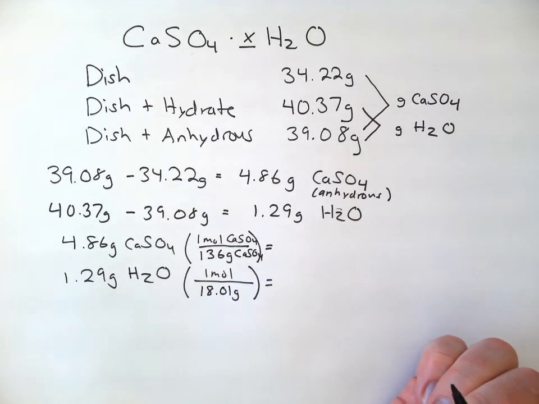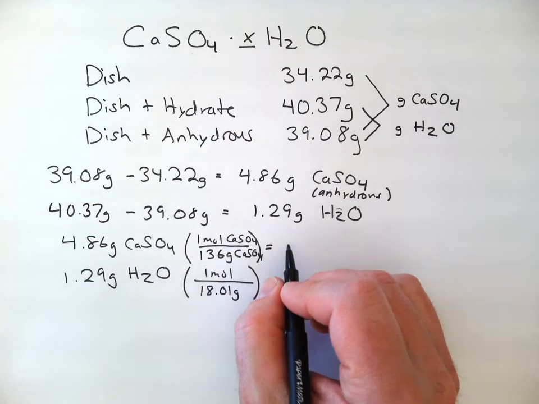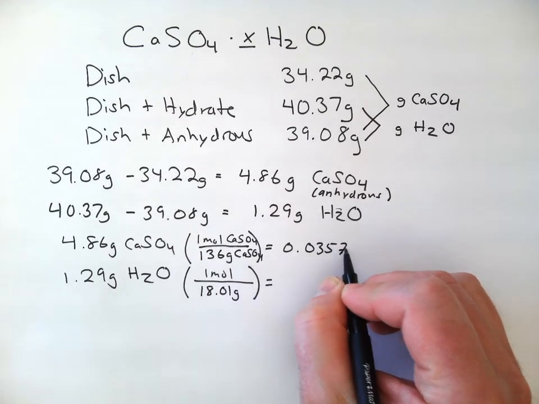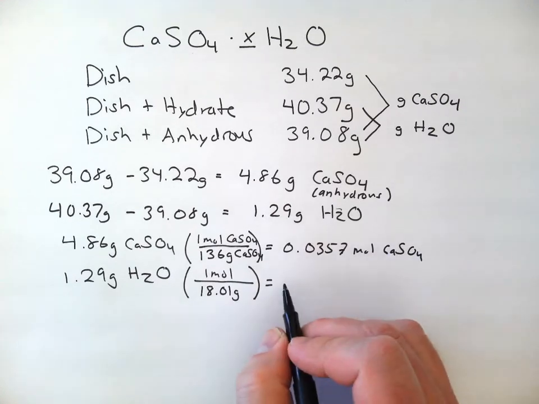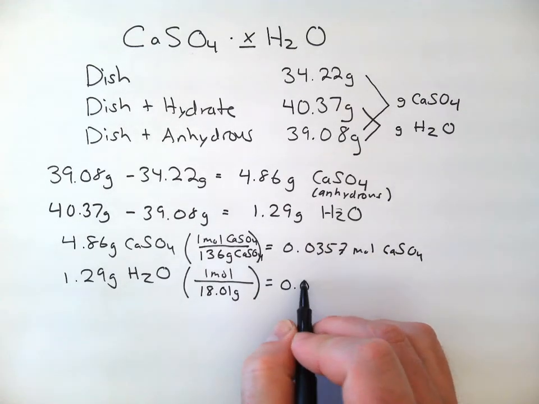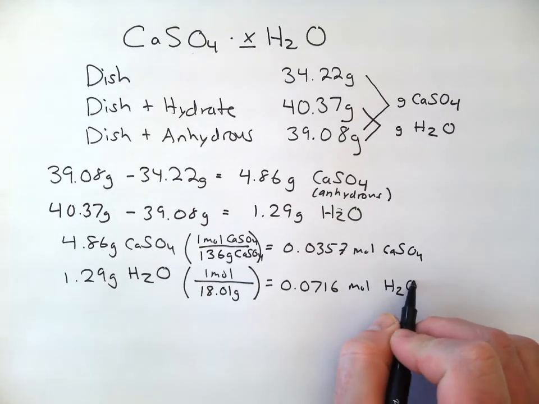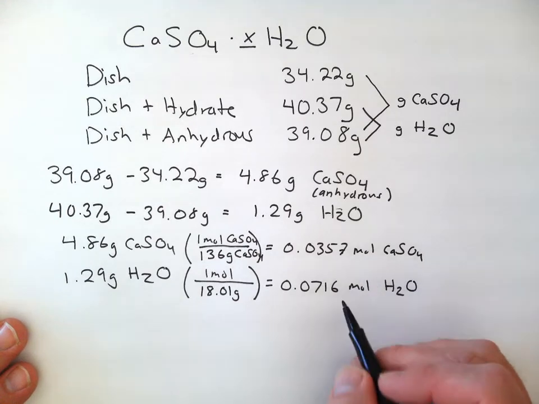And we just have to tap our calculator and get our answer. So 4.86 divided by this gives me 0.0357 moles of calcium sulfate and 0.0716 moles of water. Now again, we're not at whole numbers yet. We want to get there.